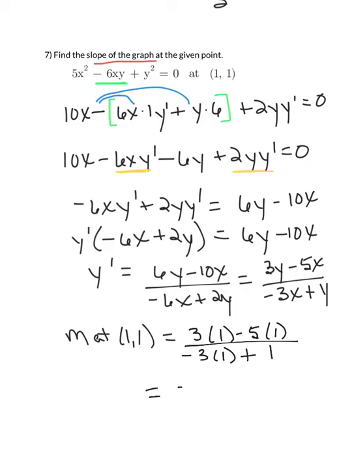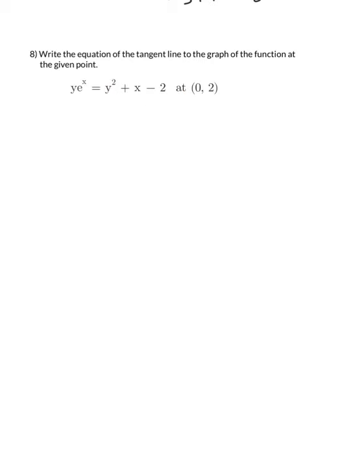This will give us 3 minus 5 over negative 3 plus 1, which is negative 2 over negative 2, which equals 1.